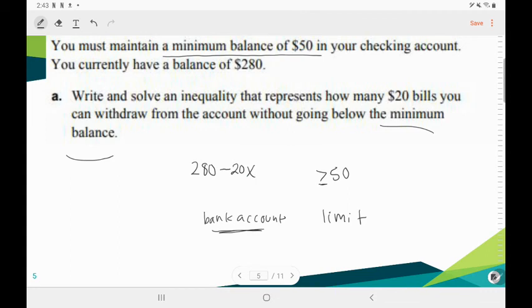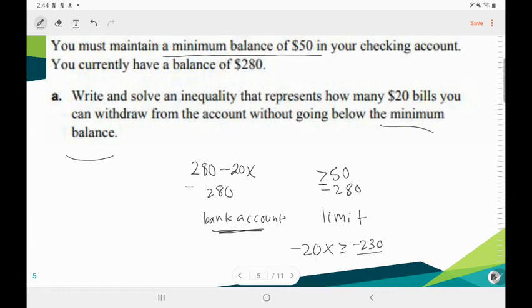So to start with, I'm going to take 50 and subtract 280. So I have 280 minus 280 on this side, minus 20x is greater than or equal to 50 minus 280. That gives me negative 230.